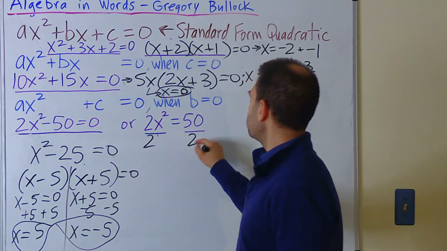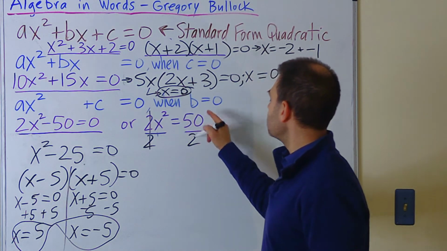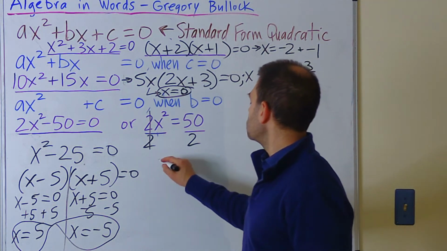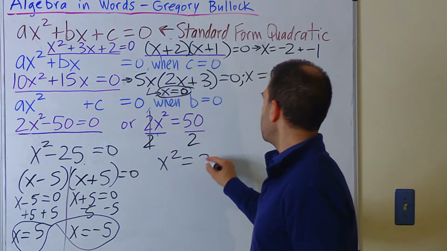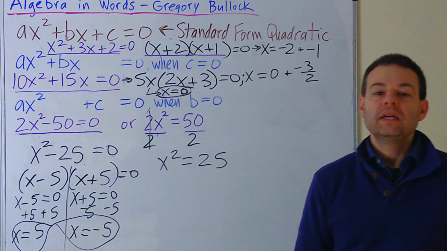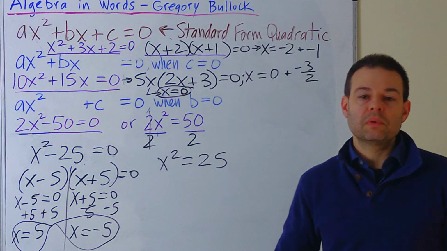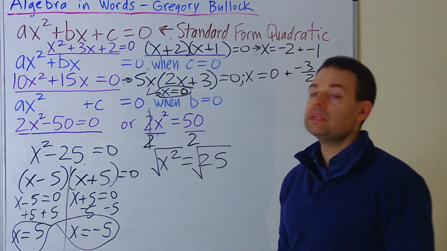We'll divide both terms by coefficient 2, which cancels that to 1 and reduces 50 over 2 to 25. So we get x squared equals 25. Now, if you happen to leave it in this form, that's fine as well, because you're almost done solving. Take the square root of both sides in this case.